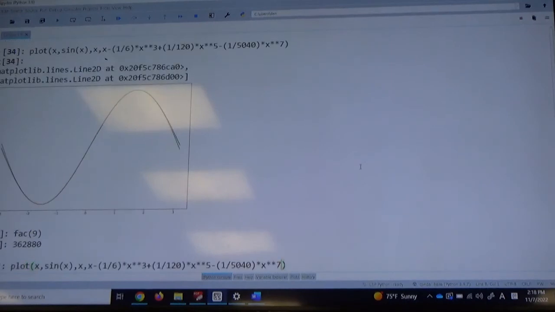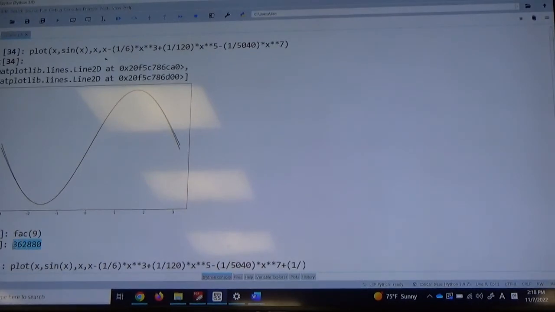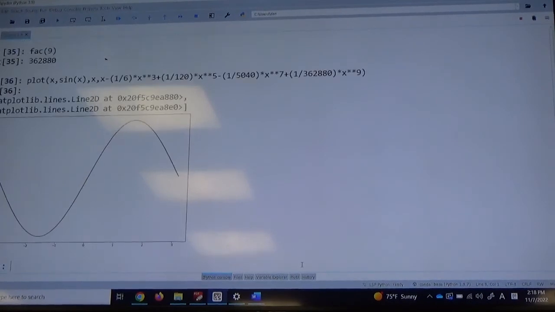Whatever that is, we're going to put plus 1 divided by this gigantic number, times x to the 9th power. And then, wow, now it's indistinguishable.